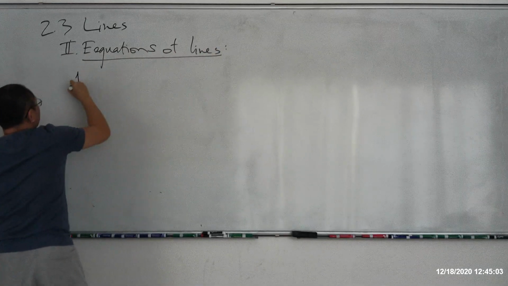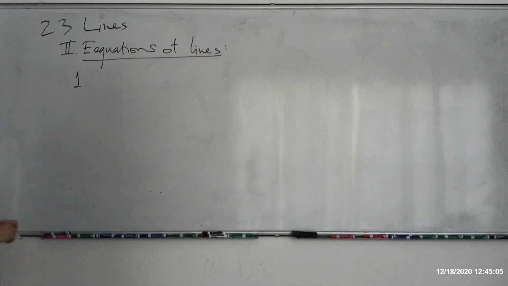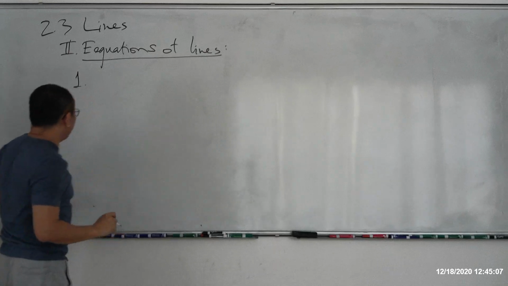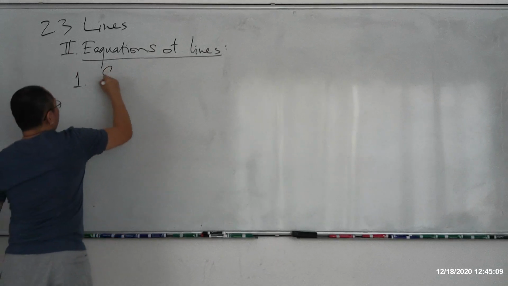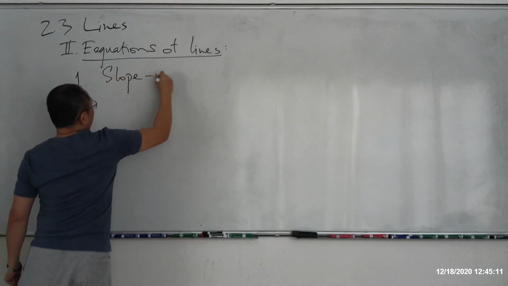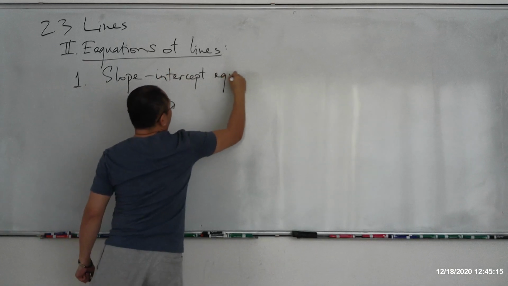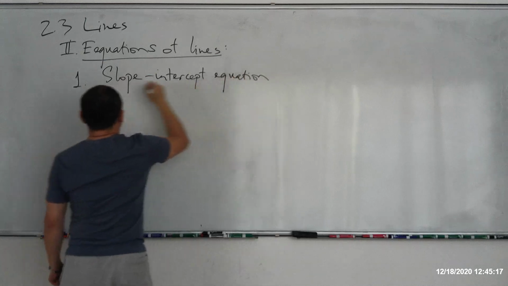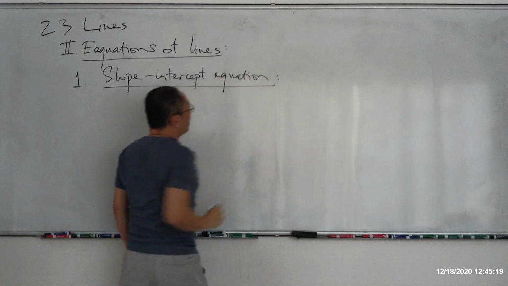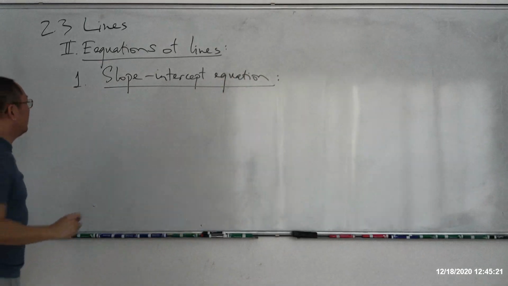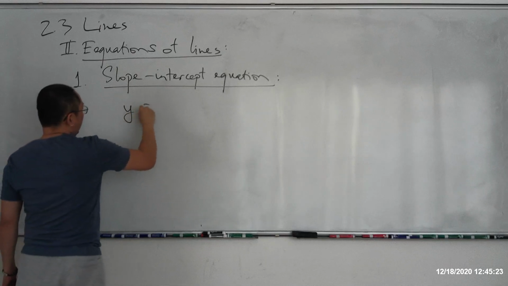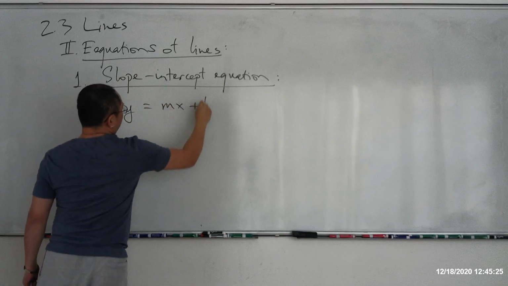The very first equation is the very popular one, and the one that you usually use to write your answer down, called the slope-intercept equation. Okay? And it's written this way: y equal to mx plus b.